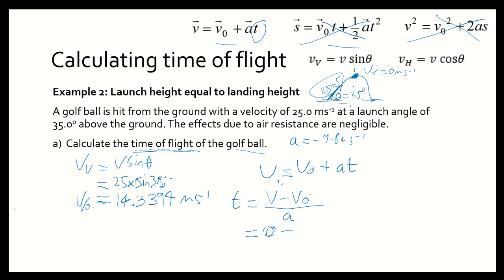Subtract our initial velocity, which is 14.3394, divided by acceleration due to gravity, which is negative 9.8. If we type that into our calculator, we're going to get 1.46 seconds to 3 significant figures, which is what the question is given in.